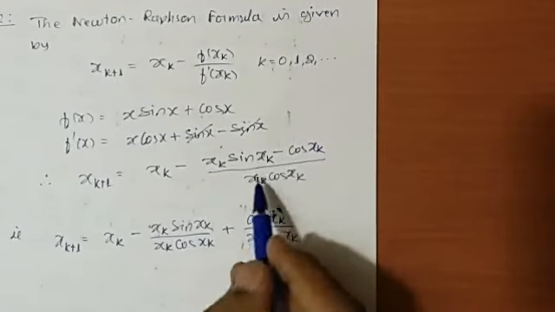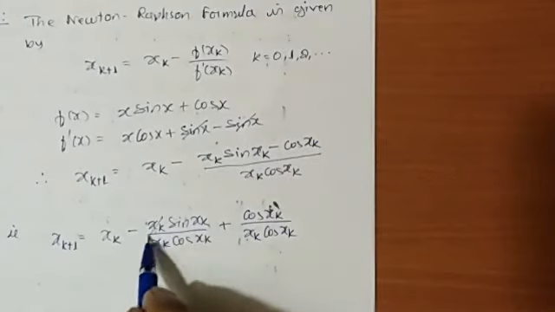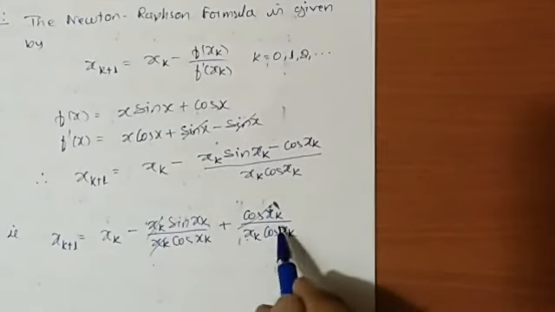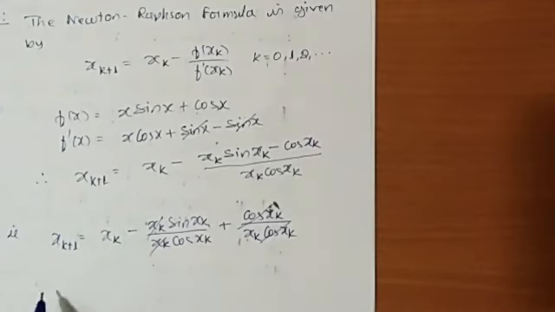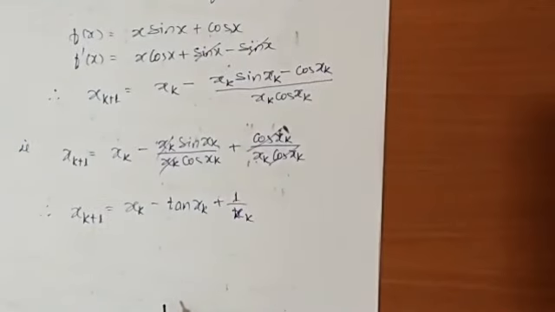That is, I separated these two terms. So here x_k cancels, cos x_k cancels. Therefore, my iteration scheme will be x_{k+1} is equal to x_k minus tan x_k plus 1 by x_k. So this is my iteration scheme.